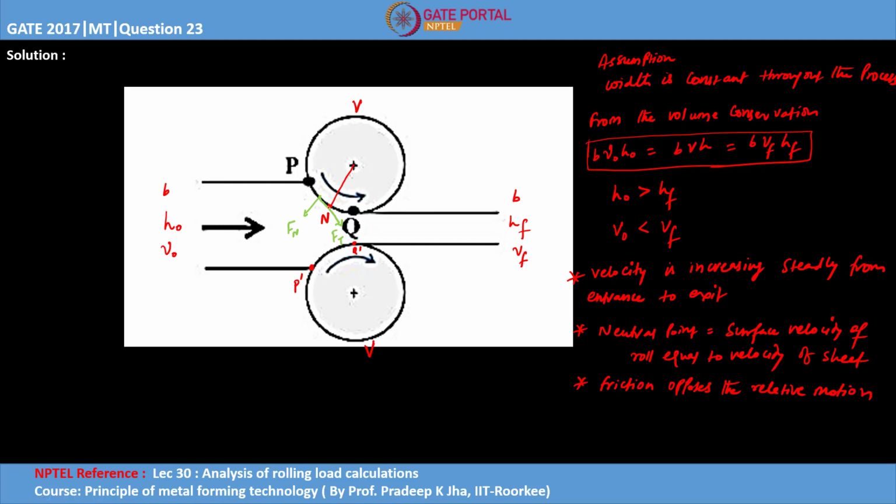Till the neutral point, the velocity of the roll will be more than the velocity of the sheet. At the neutral point it will be equal to the velocity of the sheet, and after the neutral point the sheet velocity will be more than the roll velocity.